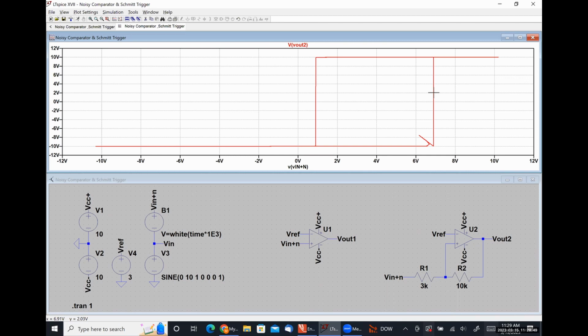So this is a non-inverting Schmitt trigger. This is another way that we can make analog to digital converters, except that we get a little bit more wiggle room here.